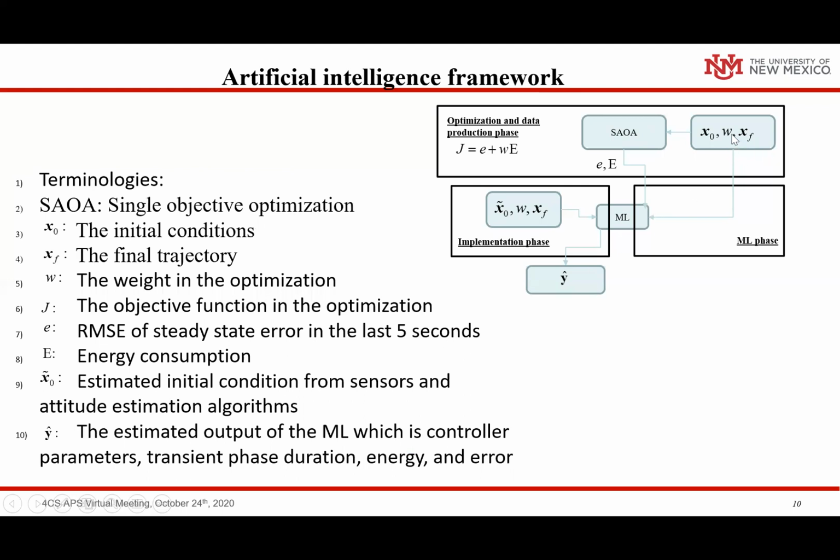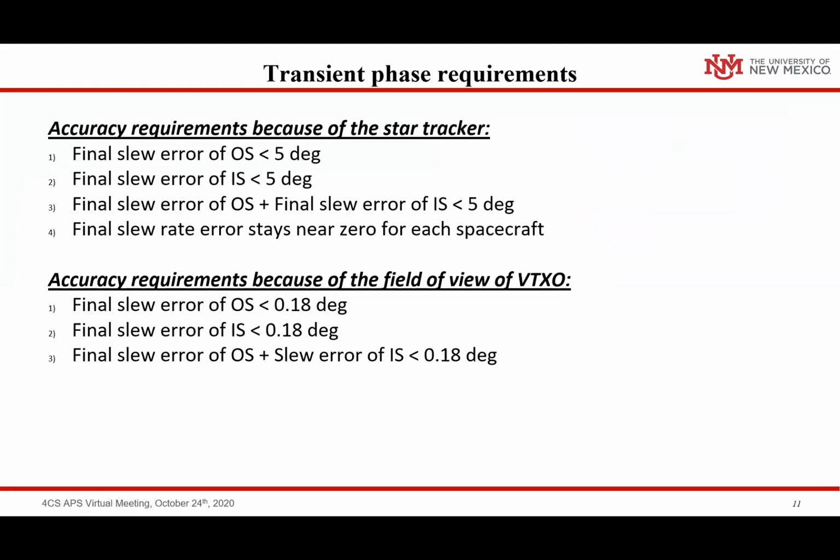And this is the weight. This is the optimization. In the machine learning phase, we use support vector machines, Gaussian process, and deep neural network to train the machine learning for the data. We show that the deep neural network is chosen because it provides the best performance, which can satisfy this mission requirement.